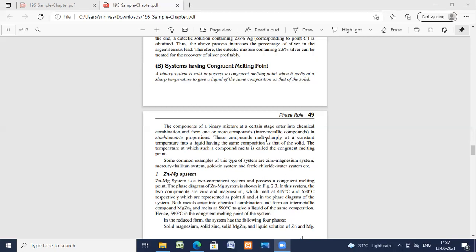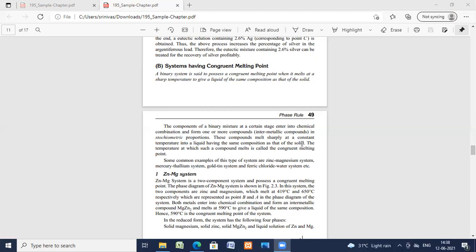These compounds melt sharply at a constant temperature into a liquid having the same composition as that of the solid. Although they melt sharply, the composition will be the same as that of the solid.